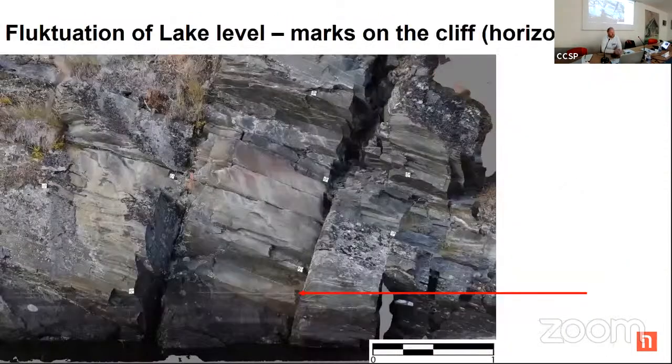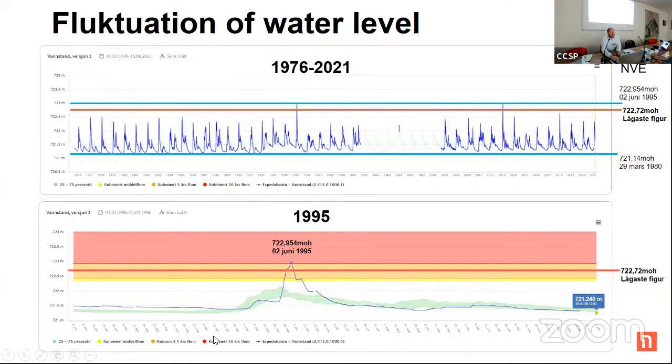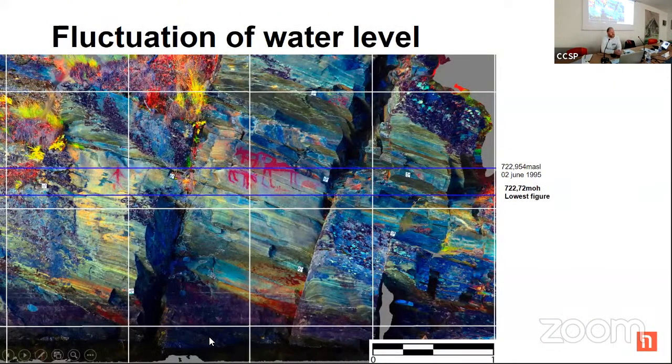So if you go back to the lake and see that the fluctuating water is 1.8 meters, this is a meter scale, you can see that the rock art would have been covered by water at least 2 times during this 40 or 50 year period.